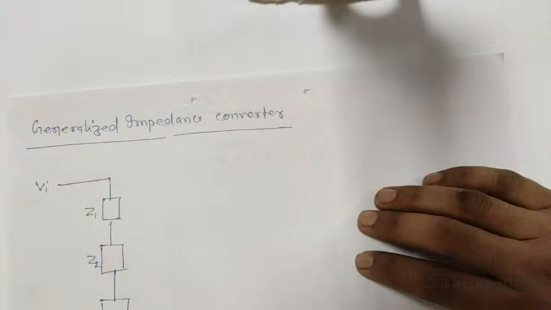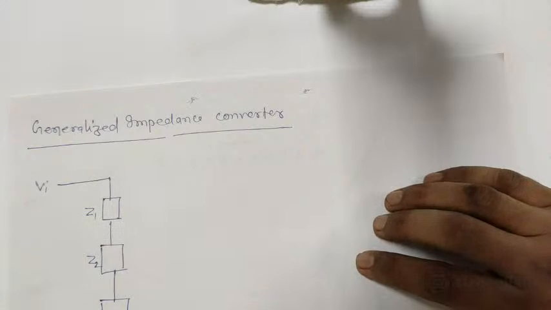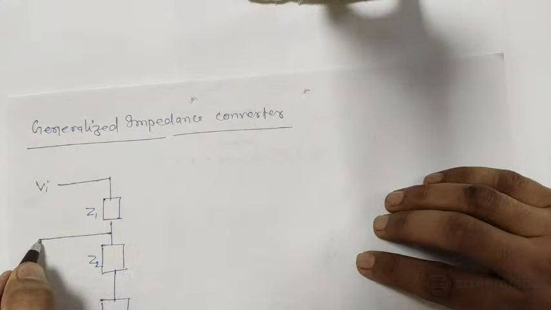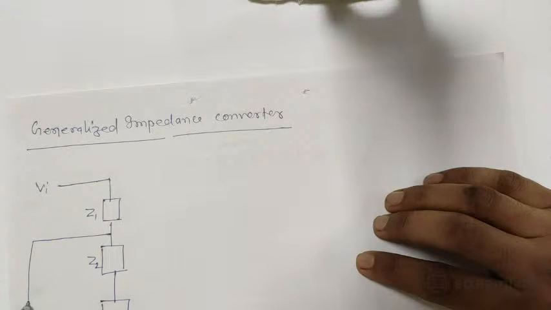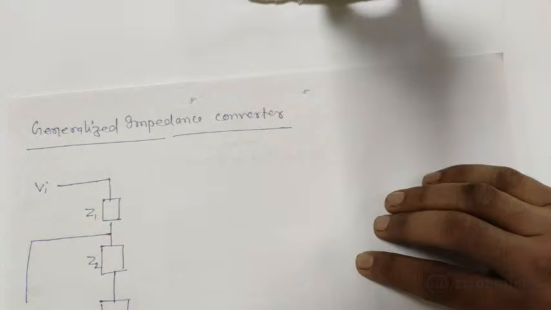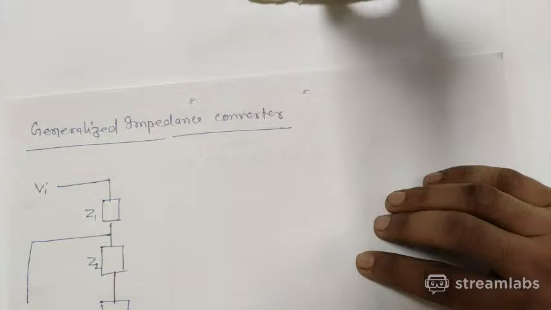These four impedances are connected like this. First op-amp is connected between Z1 and there is one more actually, Z5. So this is connected between these two.